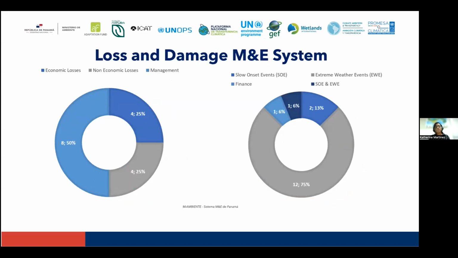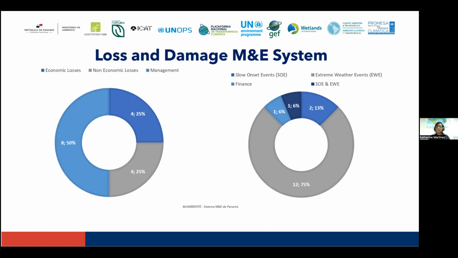In the case of loss and damage, 8 of the 16 indicators represent management, 4 indicators represent economic losses, and 4 indicators represent non-economic losses.